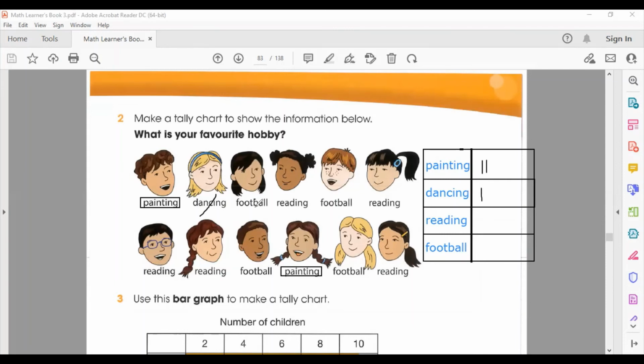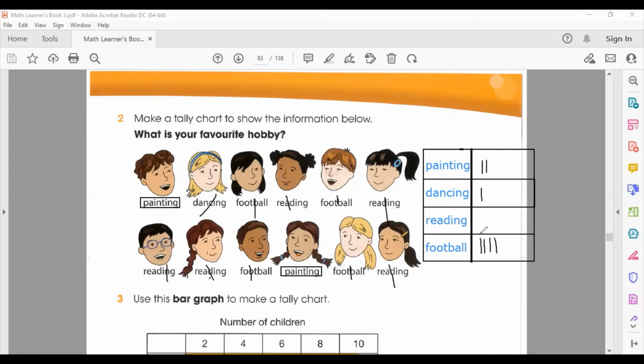This football 1, 2, 3, 4. Then reading 1, 2, 3, 4, 5.